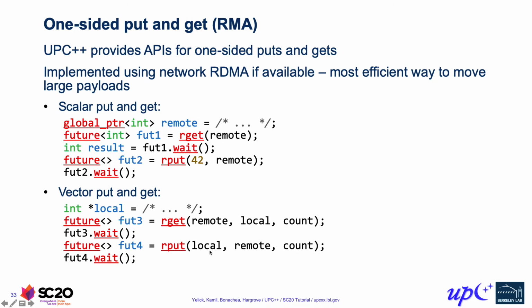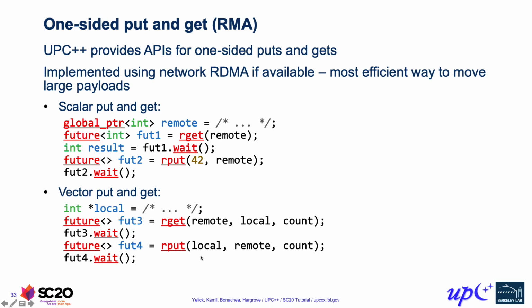For rput, our source memory is now located in local memory, whereas our destination is potentially remote. So the first argument, which is the source, is a standard C++ pointer, and then the second argument is a global pointer that refers to the destination memory. And as with rget, we also specify a count here.